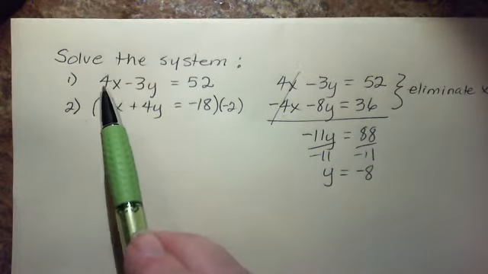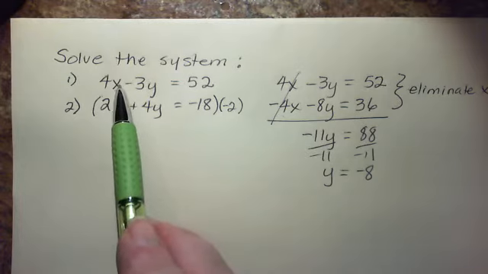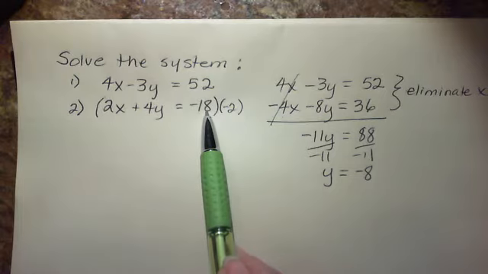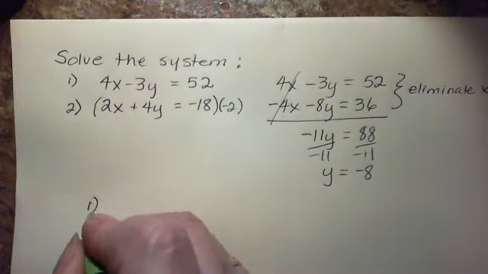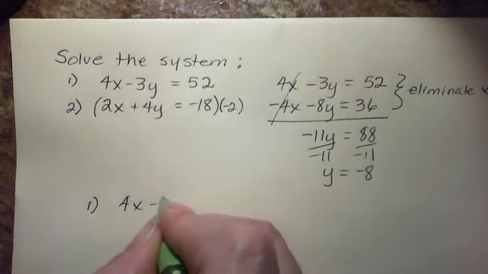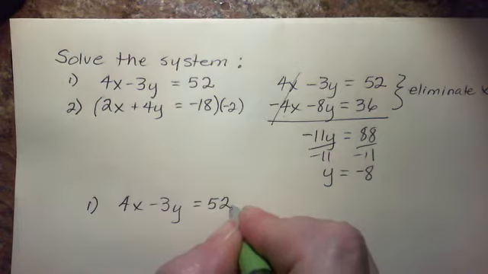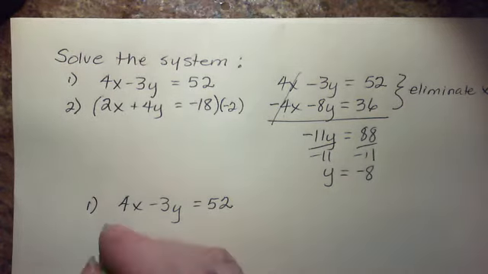So I'm going to pick equation 1. It doesn't matter. Remember, you should get the same value whether you choose to substitute into equation 1 or equation 2, so you can choose. I choose equation 1. So equation 1, 4x minus 3y is equal to 52. And I substitute the value negative 8 for y.